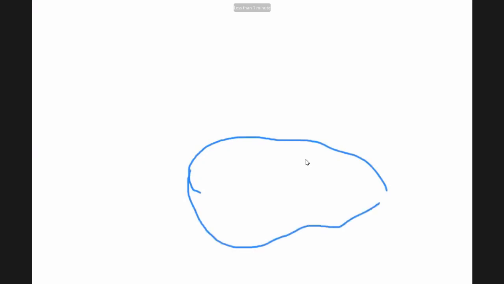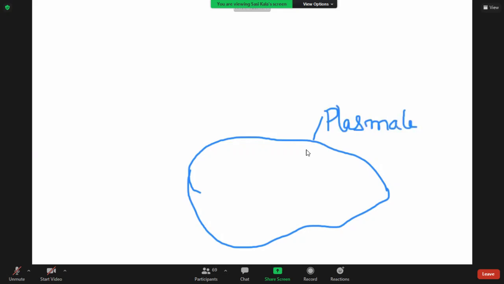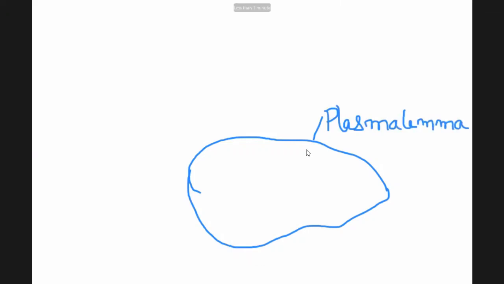Now let's see the life cycle of this parasite. Now this Entamoeba histolytica, the structure briefly. The outer covering, the cell membrane, is the plasma lemma, or plasma membrane.